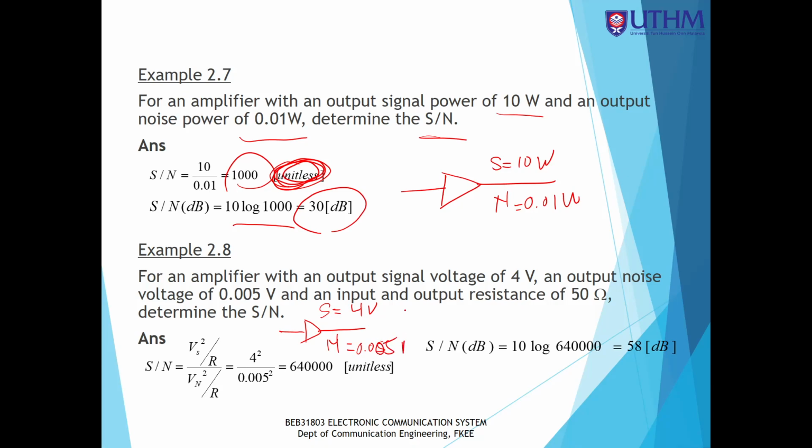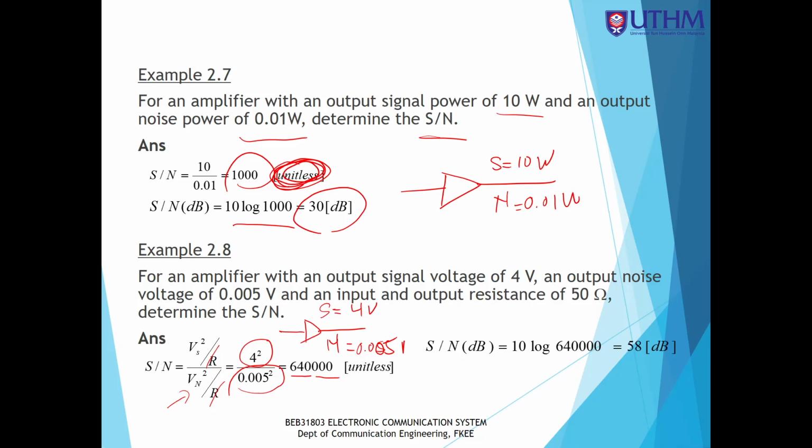How much is the SNR? So again, this is Vs square over R divided with Vn square over R. So R can be cancelled out. So it is V signal square divided with Vn square. So you get 640,000. No unit.